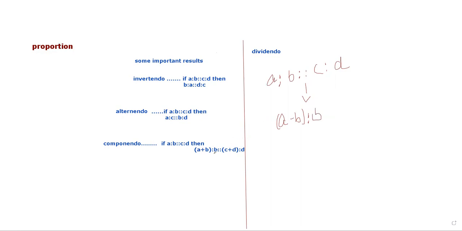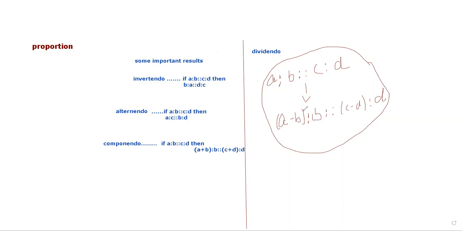This is the opposite of the previous one, guys: wherever there is a plus, you put a minus. And proportion C minus D, ratio D. This result is known as dividendo. Is it clear? It means that if you are given A ratio B, proportion C ratio D, this is equal, basically the equality symbol.